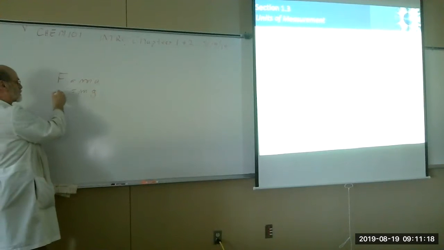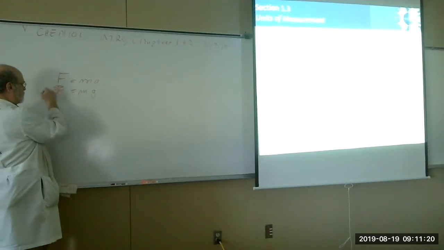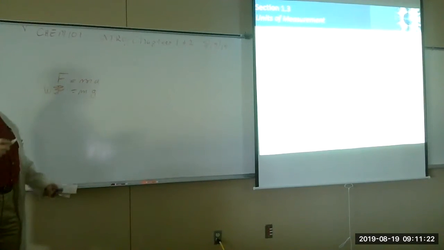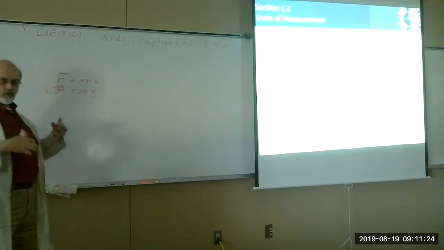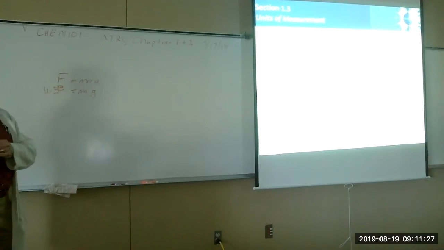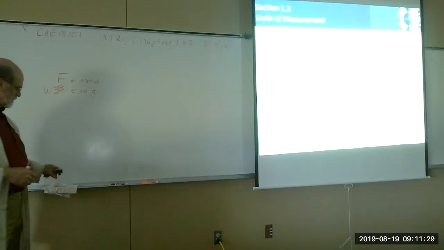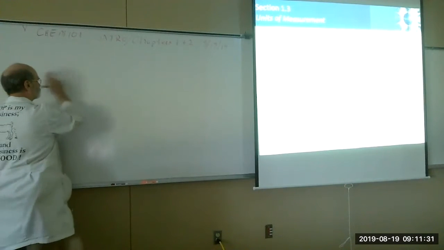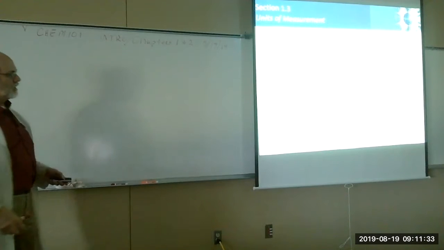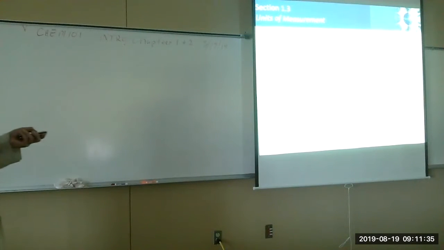The force is its weight. So weight is a derived unit, whereas mass is a fundamental unit. Length is fundamental, it's the meter. Time, the fundamental unit, is the second.